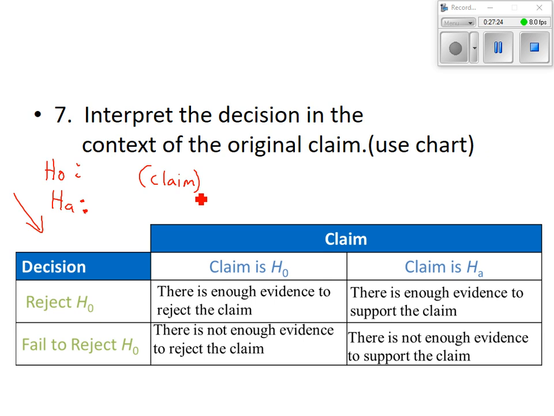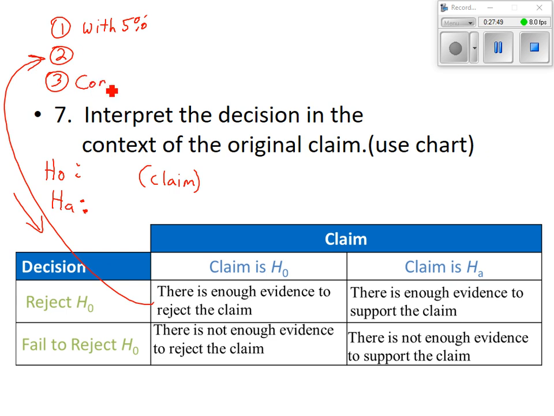So you'll use this, and your paragraph will be split up into about 3 parts. The first part is going to say something like, with 5%, whatever our level of significance is. Then the second part is going to be one of these statements. And then the third part is the part that connects it to the problem.